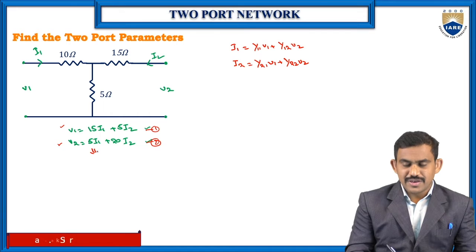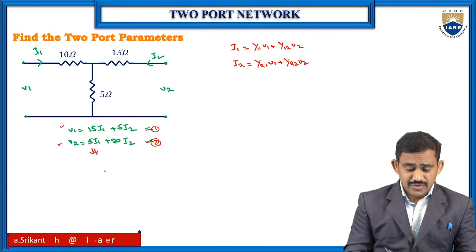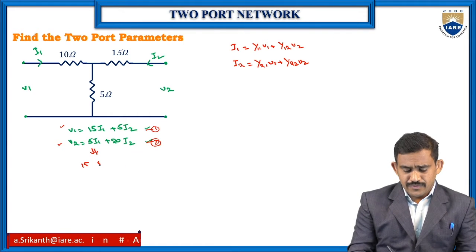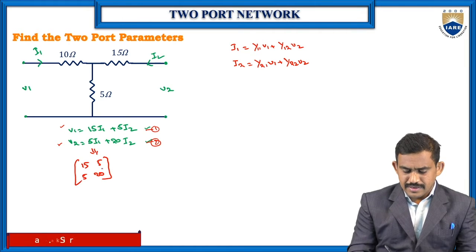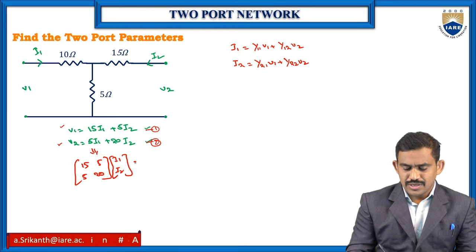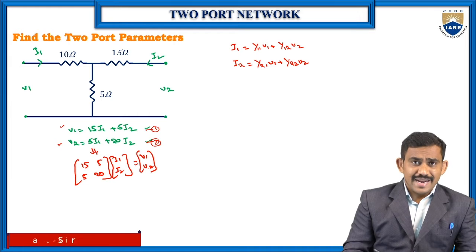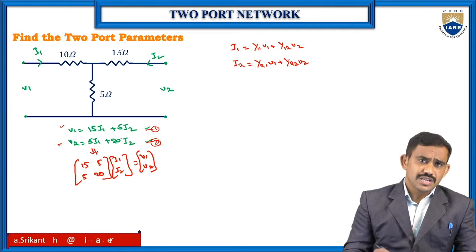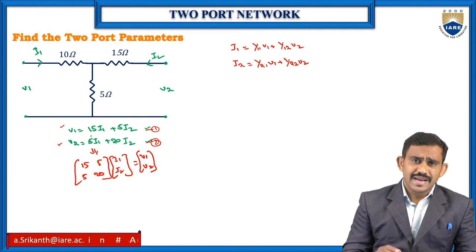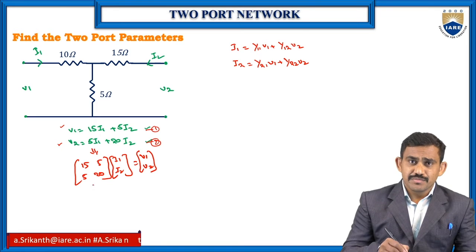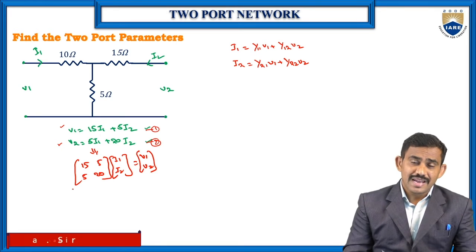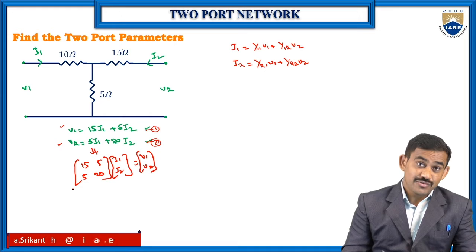From this equation, write in matrix form: 15, 5, 5, 20, times I1, I2 equal to V1 and V2. So equation to matrix. Now for this matrix, use Cramer's rule and find the I1, I2 values.